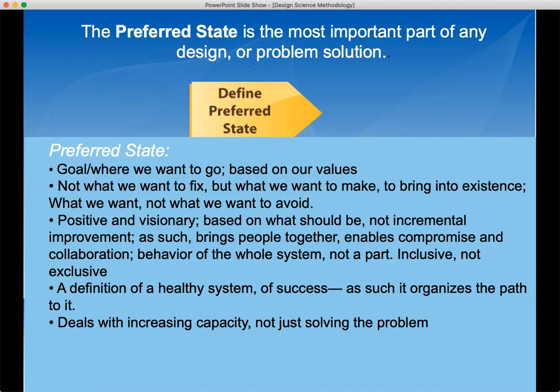As such, it brings people together and enables compromise and collaboration. I'll explain a little bit more about those phrases. It's the behavior of the whole system, not a part. It's inclusive, not exclusive.